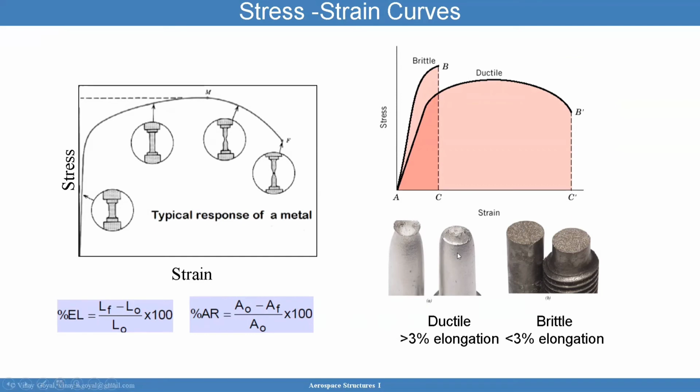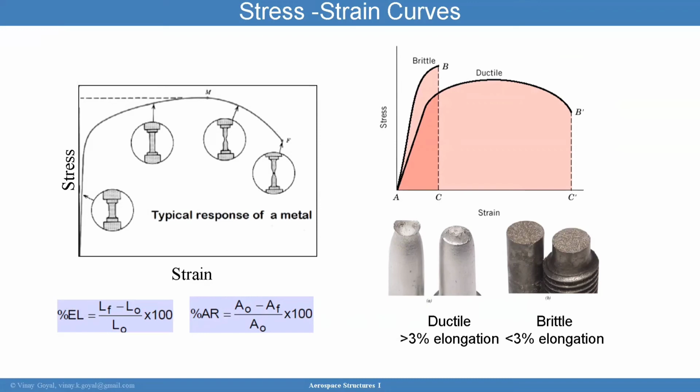Here you see the ductile behavior, how necked it got. But if it's brittle, say it fails here at the beginning, 3% strain, then you get very little necking and very little elongation and very little area reduction, and you just get more of a brittle failure. You can see here the curve of brittle versus ductile, where brittle fails quite a bit quicker than anything else.